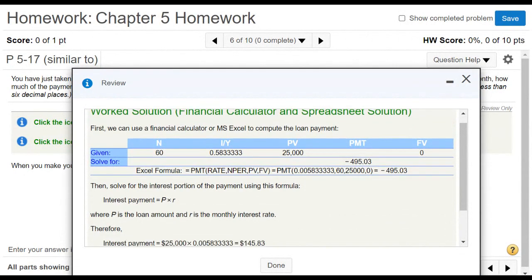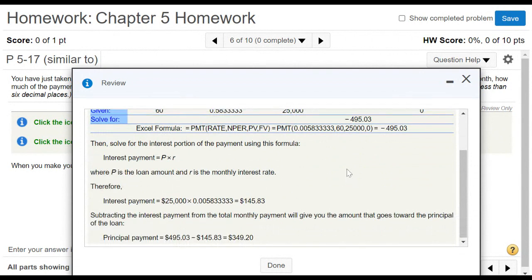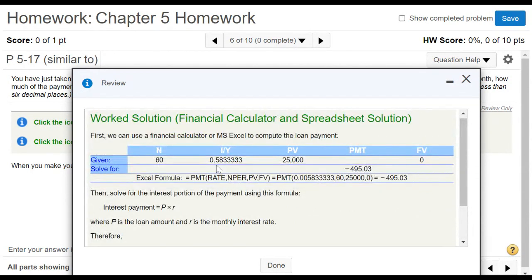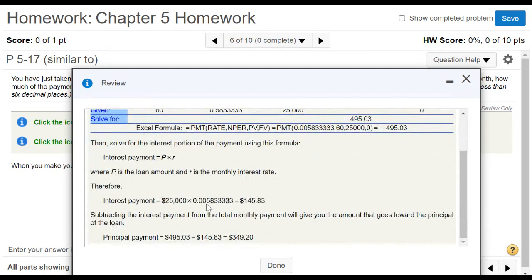Now, in order for me to do the multiplication, I need to convert the percentage into a decimal. So I have to put 2 zeros in front of it because I have to move the decimal place 2 places. So I need 2 zeros in front of it, like they're doing right here, 0.00583. And that's how you get it. Make sense?